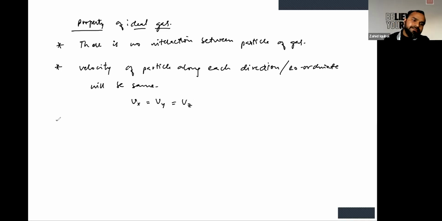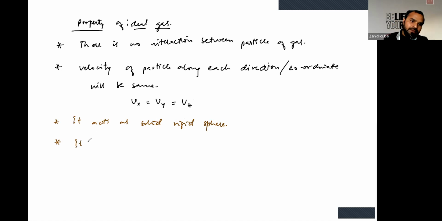Next is, it acts as a solid rigid sphere. So it collides elastically with neighboring particles as well as the wall of the container.